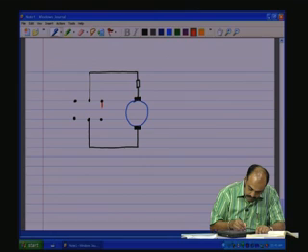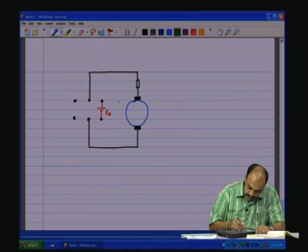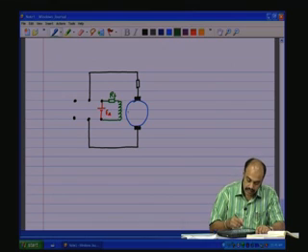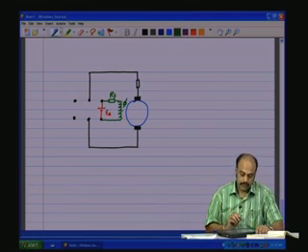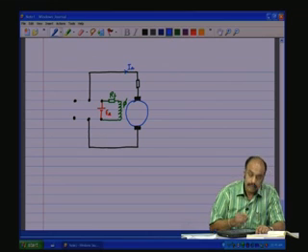So, here I am going to put our EA, okay, EA. Now, there is of course, the field winding which is also going to be connected to EA. So, this is RF and there is going to be an IF field. So, this is going to generate your phi. Okay. Now, this is your IA, armature current.